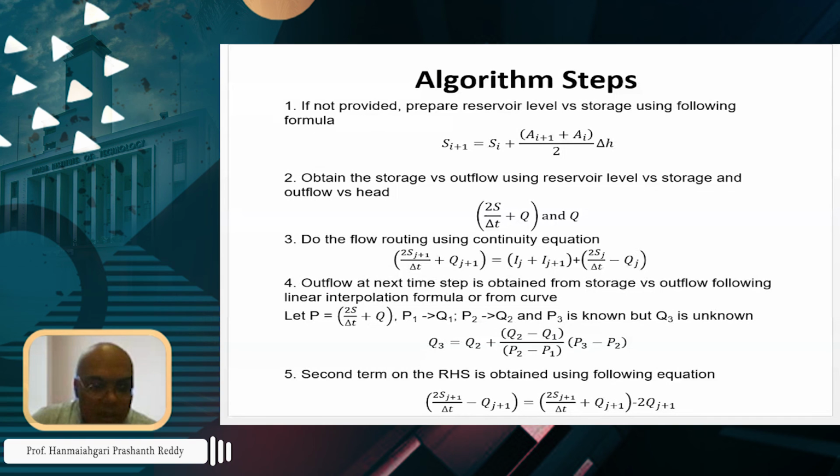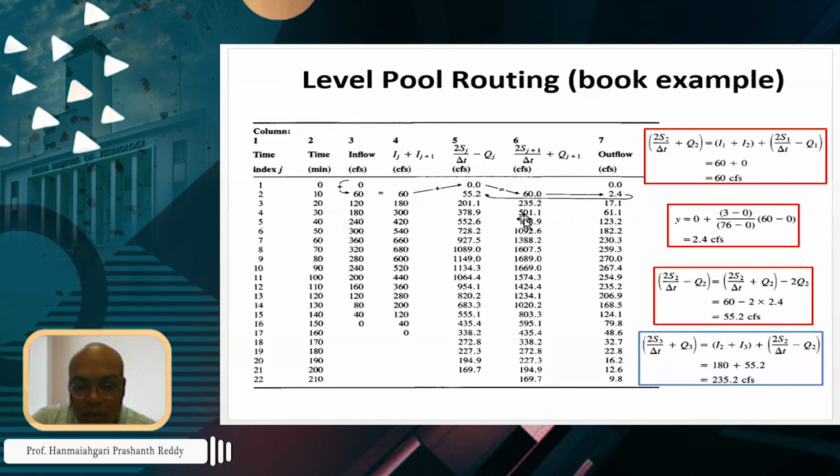Because you see here, P1 is equal to 0, then outflow is 0. P1 and P2 are 0, Q1 and Q2 are 0, whereas P3 is given as 60.